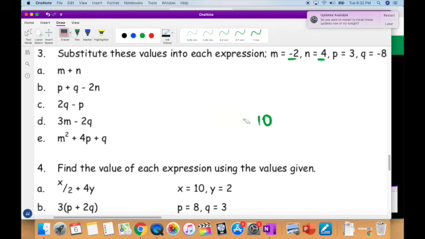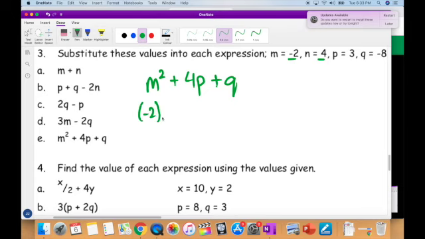Yeah. Alright, good job. And then m squared plus 4p plus q equals what? In brackets minus 2 squared plus 4 in brackets 3 plus in brackets minus 3.